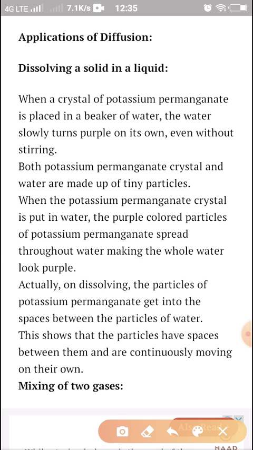Now on dissolving, the particles of potassium permanganate get into the spaces between the particles of water. So what do you get from this?